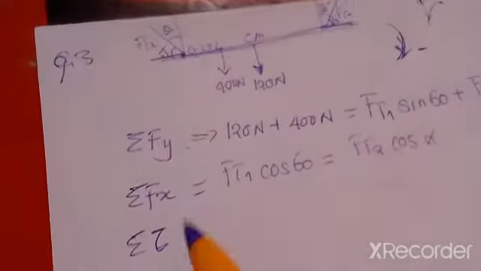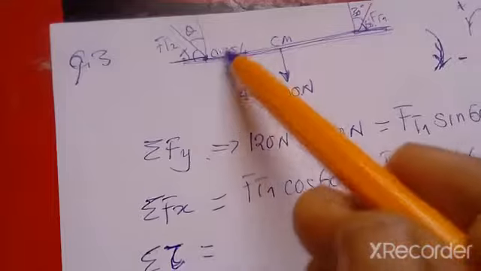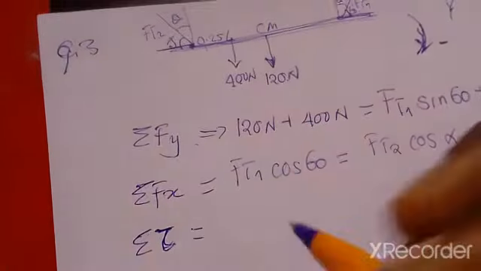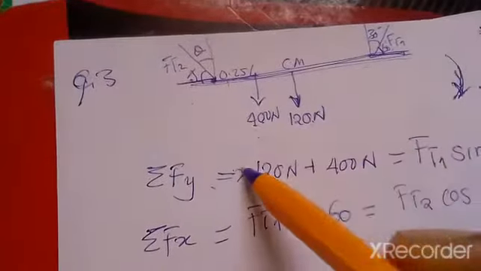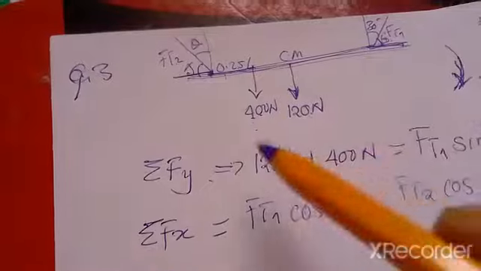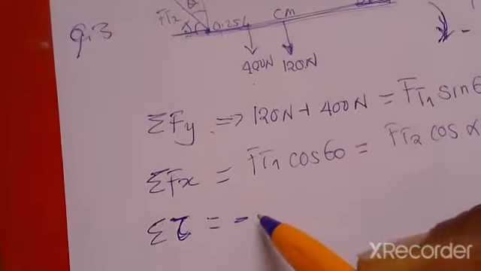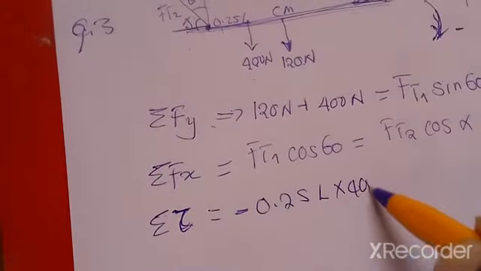So the torque will be equal to 0.25 L multiplied by 400 newtons. Of course, because it is in the clockwise direction, we are going to take that as negative. So we have negative 0.25 L multiplied by 400. Okay.